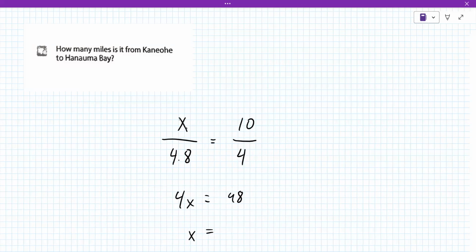Divide by 4. That one doesn't go in evenly. It does. 48 is a multiple of 4. You may have to do long division. Okay, I'll just do long division. Oh yeah, 12 miles. I mean, it should look reasonable, meaning it could be roughly what you think it should be in terms of the miles there.